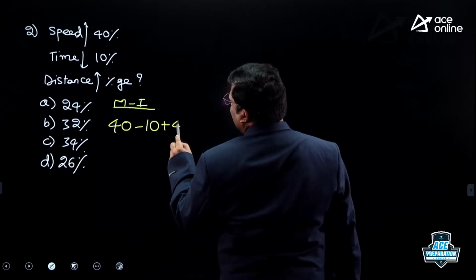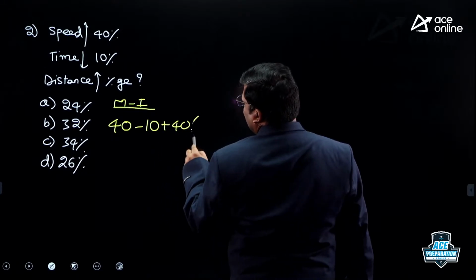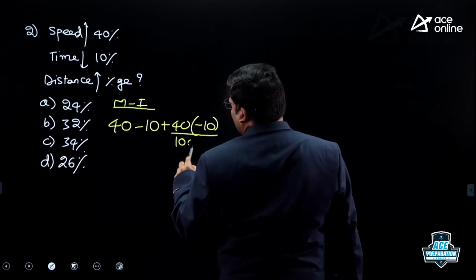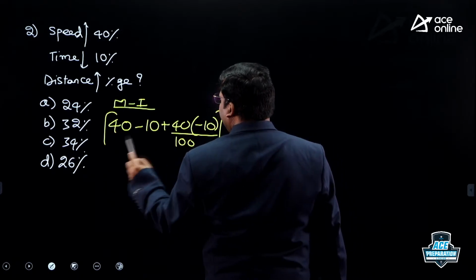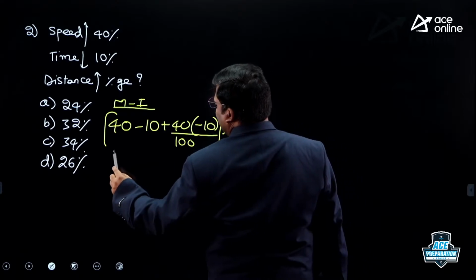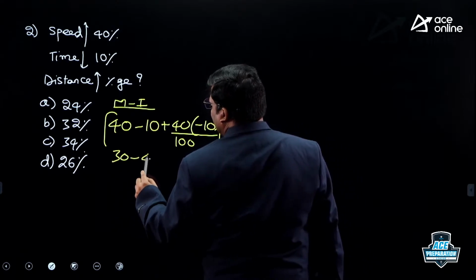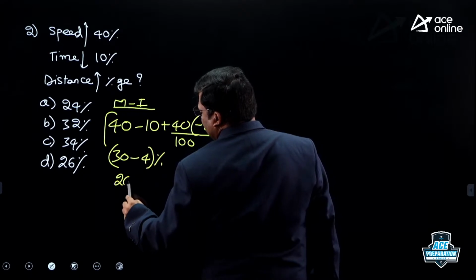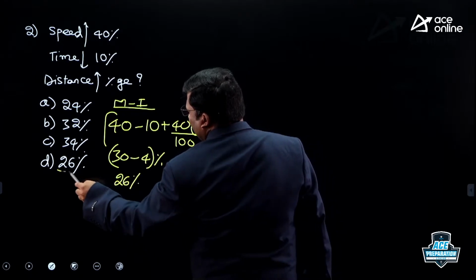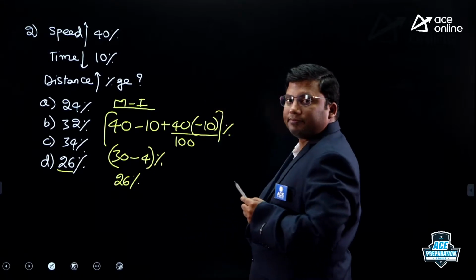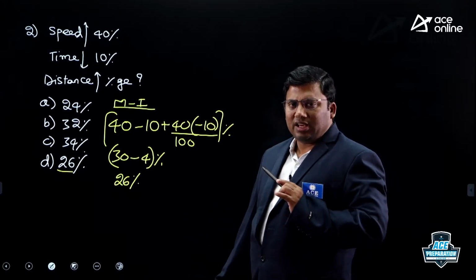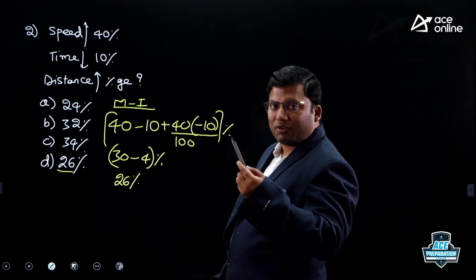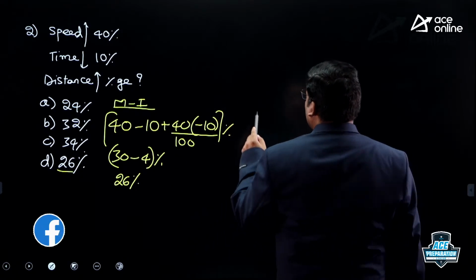Wherever it is a down arrow or decrease, take the negative value. 40 plus (minus 10) plus (40 times minus 10) divided by 100. 40 minus 10 is 30, 30 minus 4 is 26%. This is one way. Now see here. Slowly, if 3 or 4 values are given, we will also see how to solve that.